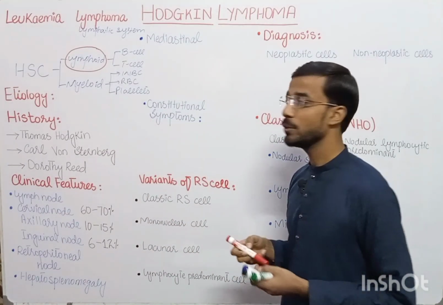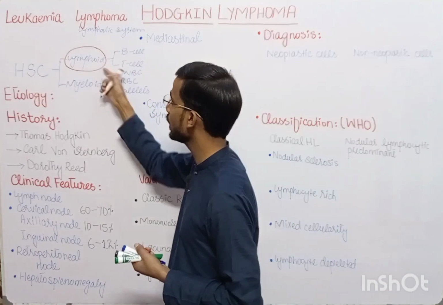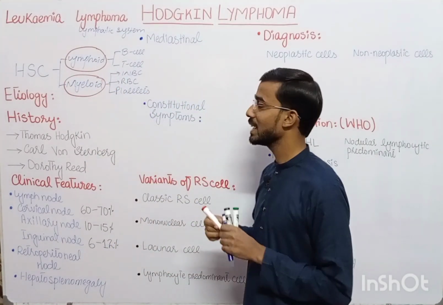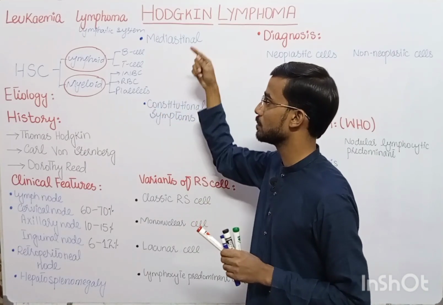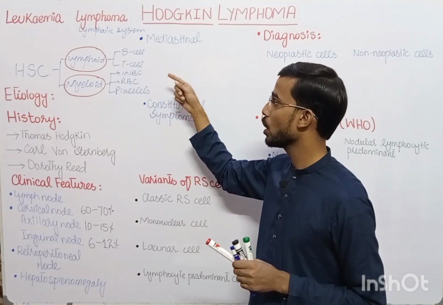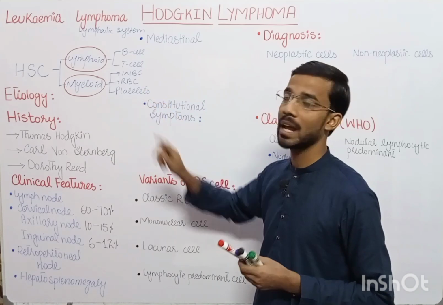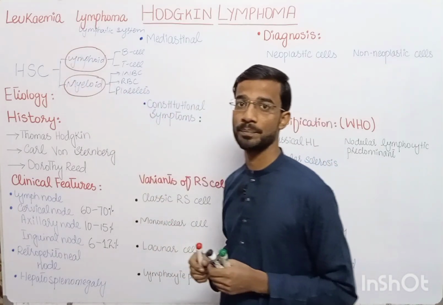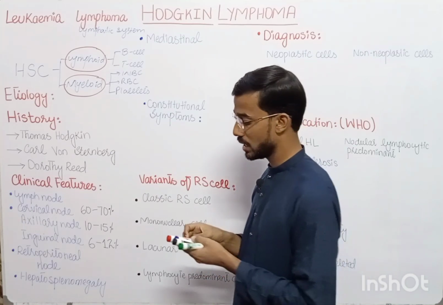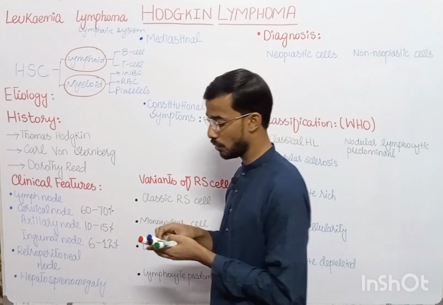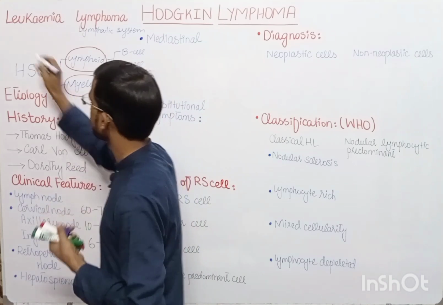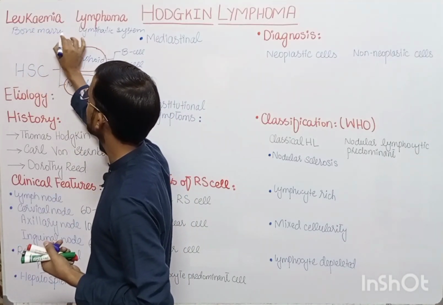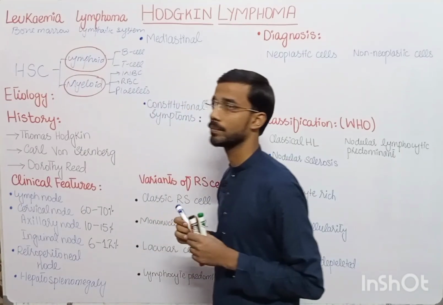And if the mutation occurs in both lymphoid and myeloid lineages, then it affects all cell lines: B cell, T cell, white blood cell, red blood cell, and platelets. Then it results in the formation of leukemia, which is actually a characteristic of bone marrow. Its origin is bone marrow.